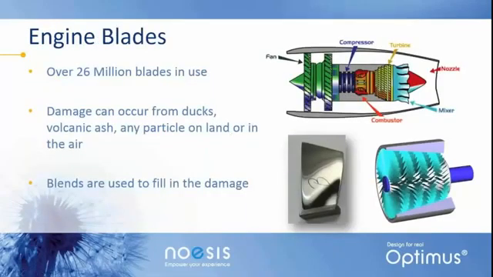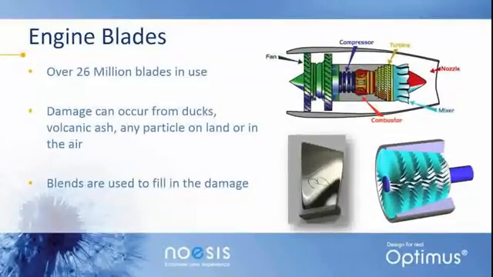As Mark alluded to, the case study that we'll show today focuses on blades. These blades are generally located inside of a jet engine, as you can see in the top image. These blades can get damaged from a number of environmental sources. There's over 26 million blades that are in use throughout the world today.